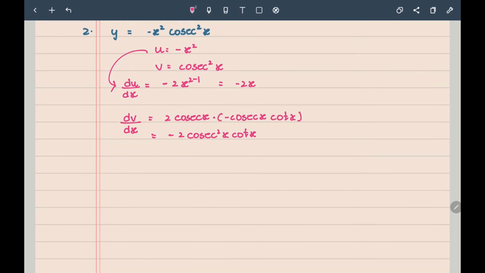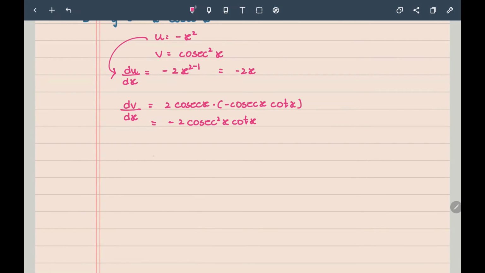Now we will substitute these formulas in the formula we have, that is d by dx of uv is equals to u into dv by dx plus v into du by dx.